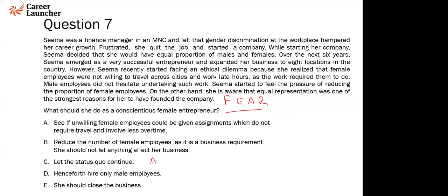Choice C, not addressing the issue. D and E, extreme.